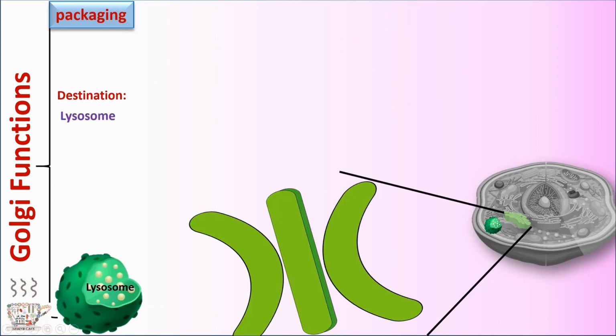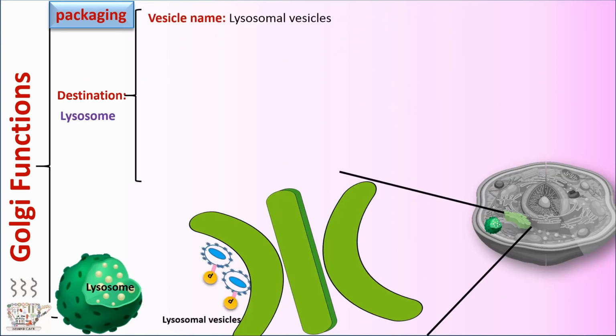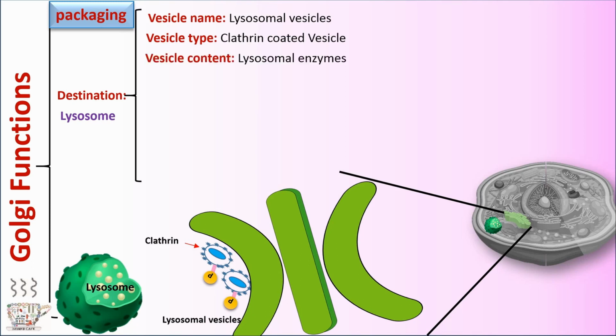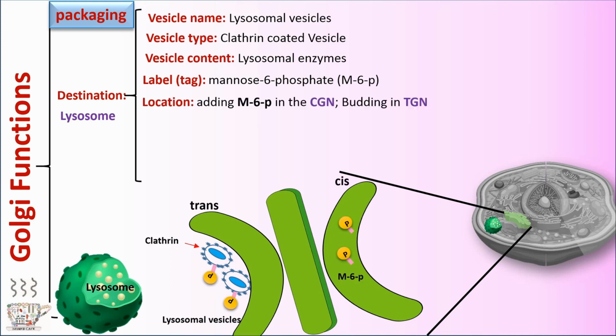When the destination is lysosome, the vesicle name is lysosomal vesicle. Vesicle type is clathrin-coated vesicle. Vesicle content is lysosomal enzymes. Label or tag is mannose 6-phosphate or M6P.